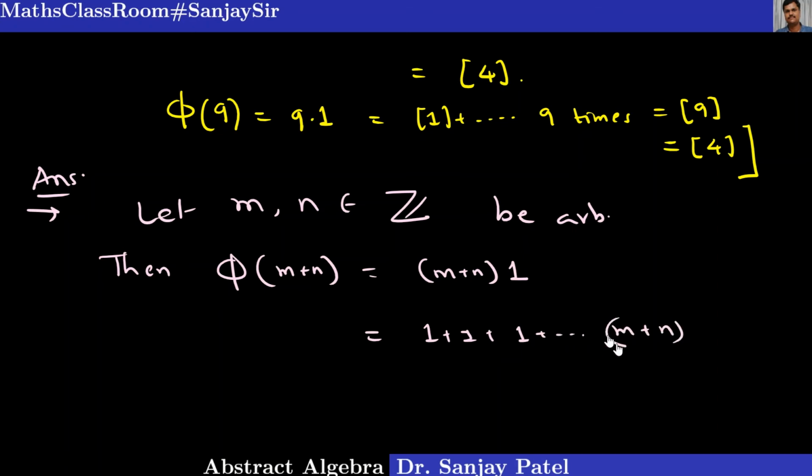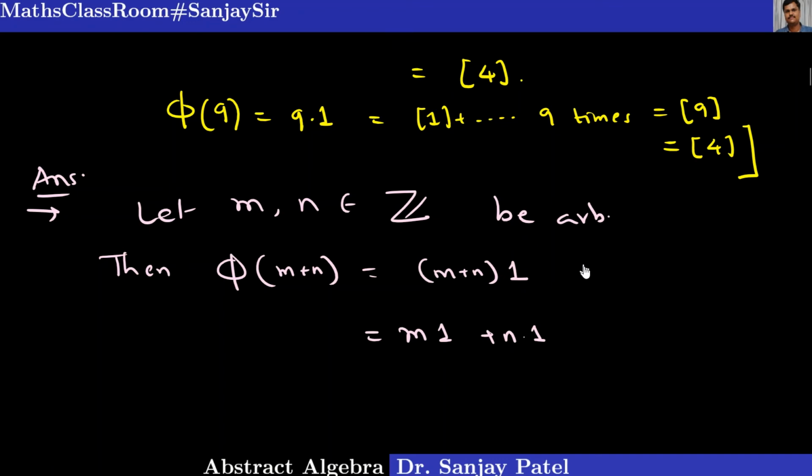Instead of this, we have already proved the properties of this kind of operations, so I can use that property directly, which I have mentioned in my earlier videos. So this I can write as m into 1 plus n into 1. I can use the distributive property. Remember, this 1 is not an integer. It is a unity element of the ring R.